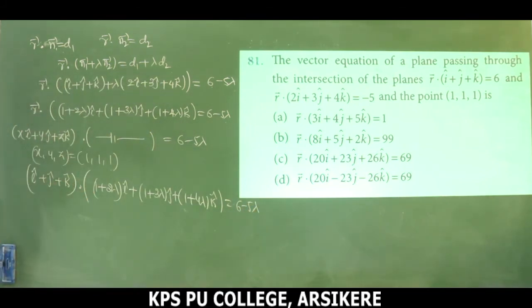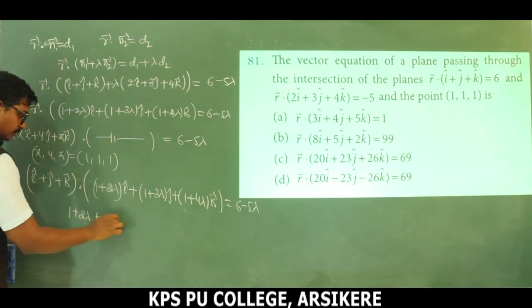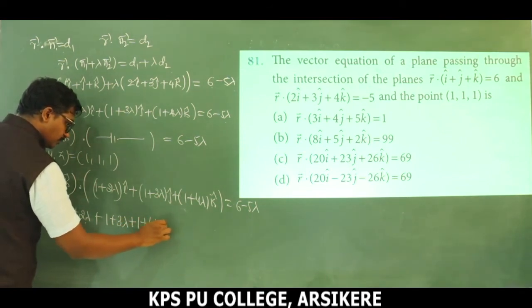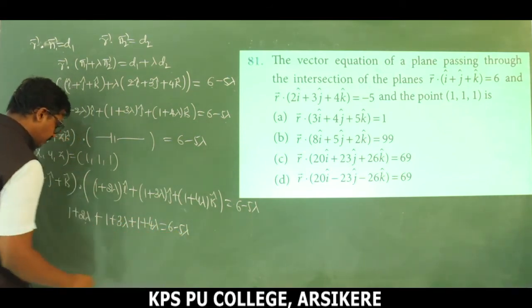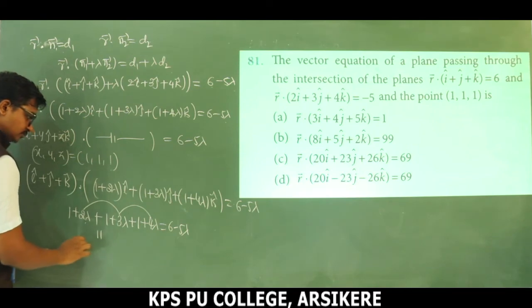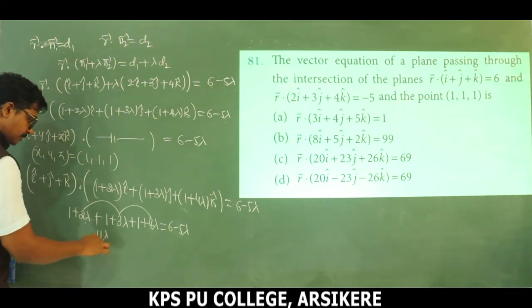Multiply i with i, j with j and k with k. 1 into (1 plus 2 lambda), that is 1 plus 2 lambda, plus this is 1 plus 3 lambda, plus 1 plus 4 lambda is equal to 6 minus 5 lambda. 2 lambda plus 3 lambda is 5 lambda, 5 plus 4 is, sorry, this is 9 lambda, not 11.